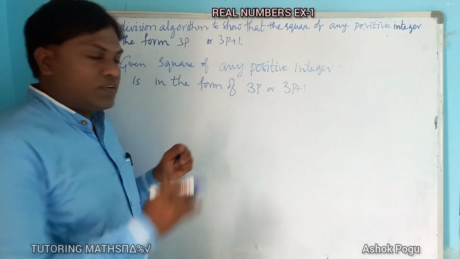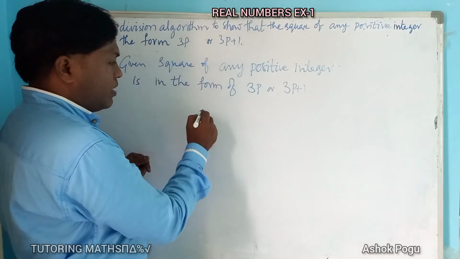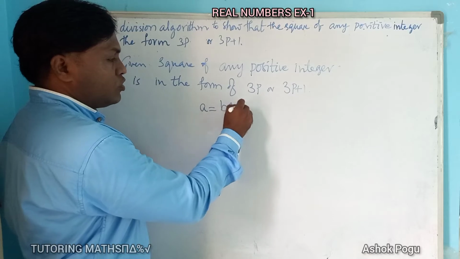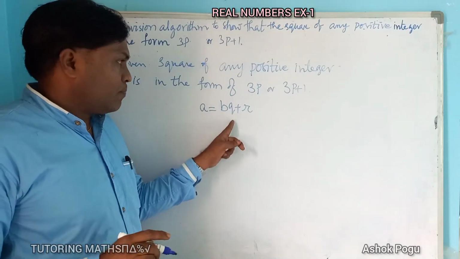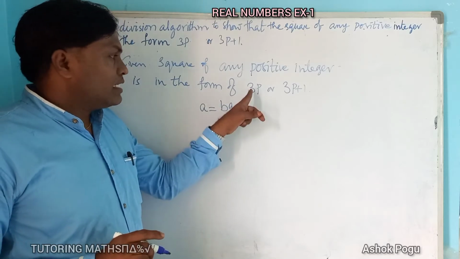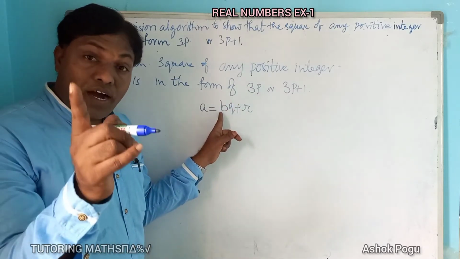To prove this, first of all, what is the condition? A is equal to bq plus r. According to this, 3 is the divisor.